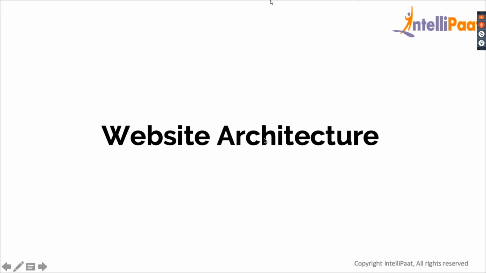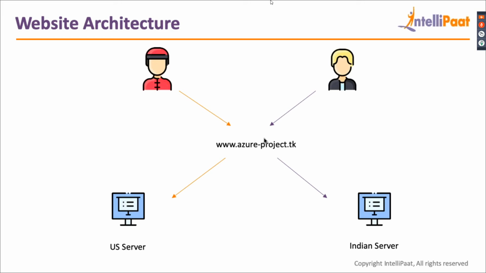So guys, let's first understand the website architecture. This is what we are going to try to create today. Basically, we are going to have a domain, which is going to be known as azure-project.tk, let's assume. And this domain should be pointed to our website, which we are going to deploy.